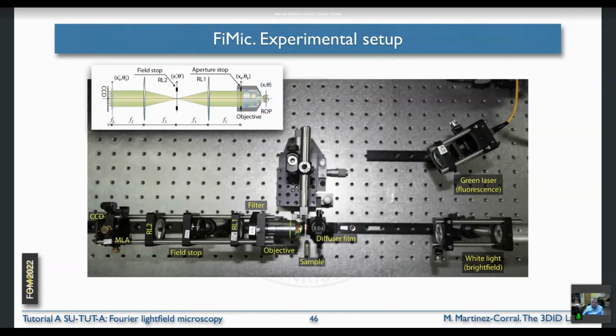Here we had an optical filter. This is the relay: relay lens 1, relay lens 2. This is the field stop, which is placed here, trying to avoid the overlapping. Here was the microlens array, and here the CCD. Here the sample.